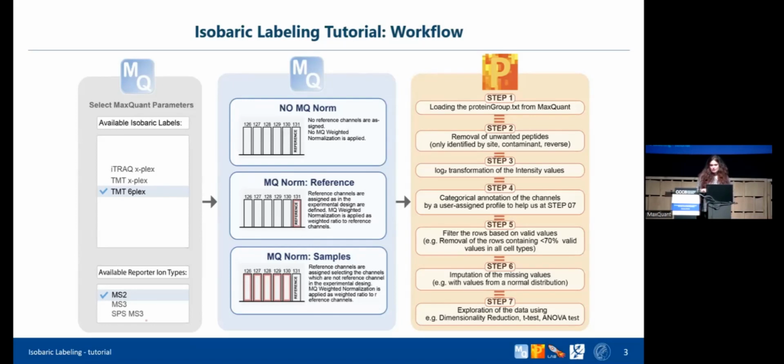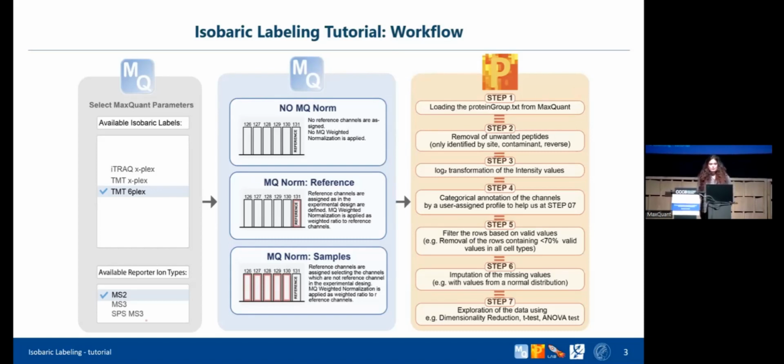However, as we will see here, and also in the paper that refers to this weighted normalization, it was developed for that purpose, but you can also use it when you don't have a reference channel. Then you have to put all the channels as a reference channel, but we will see together. I will open MQSS and show you that.